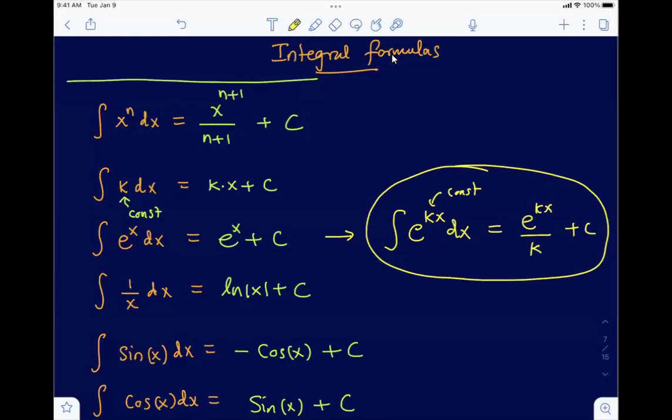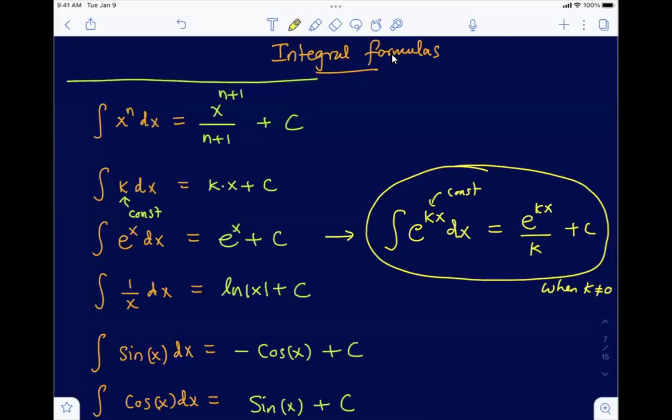Don't forget, when you take the derivative, you need to employ the chain rule here, so there will be a multiple of k when you differentiate the inner function. That will cancel out the factor k in the denominator, leaving just e to the kx. And this formula would work only when k is not 0, because you put k in the denominator.